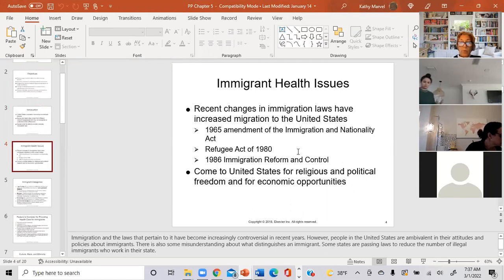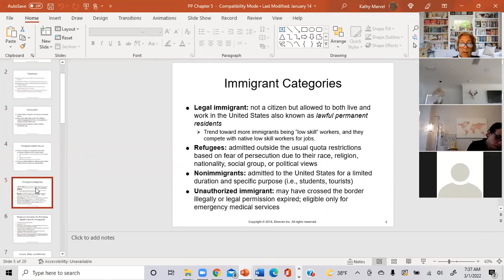So the two groups of people that we talk about are immigrants and refugees. Okay. We don't need to really cover that. Okay, here's some immigrant categories. We have illegal immigrant, refugees, non-immigrants, and unauthorized immigrants.